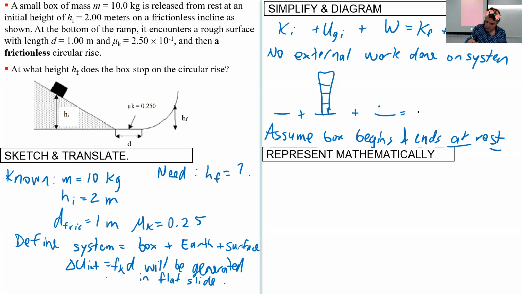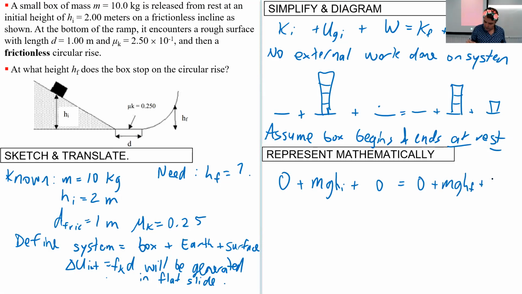0 work, 0 kinetic, plus it'll have a little less probably. I'm going to put 3 boxes because one of these boxes will go out into that thermal energy. So you've got 0 plus mgh initial plus 0 equals 0 plus mgh final plus your F sub k times d.